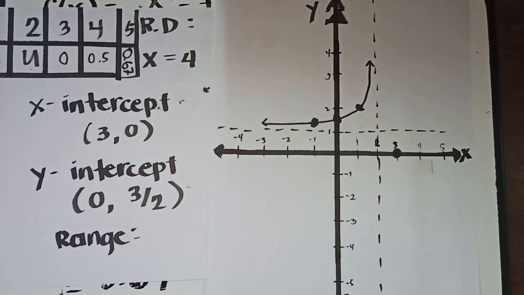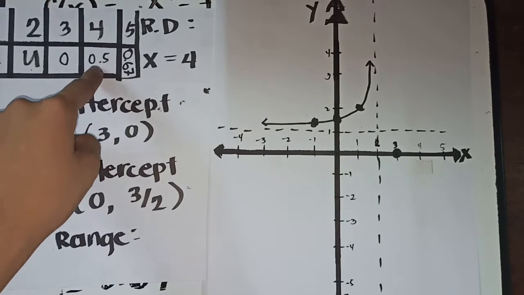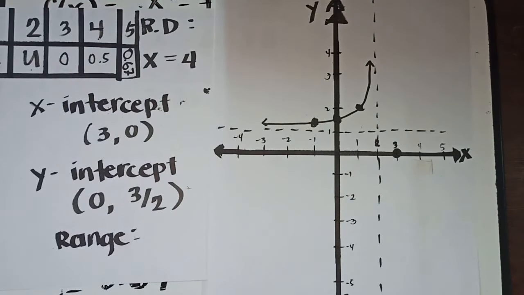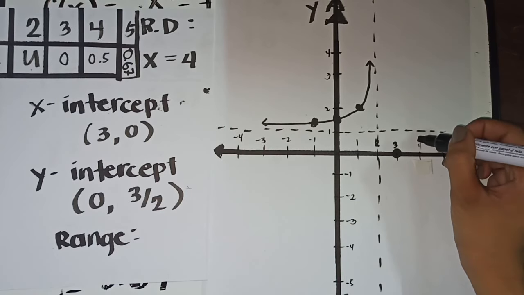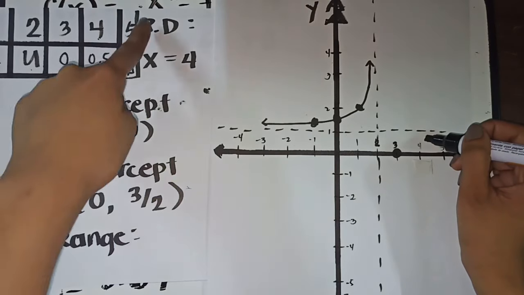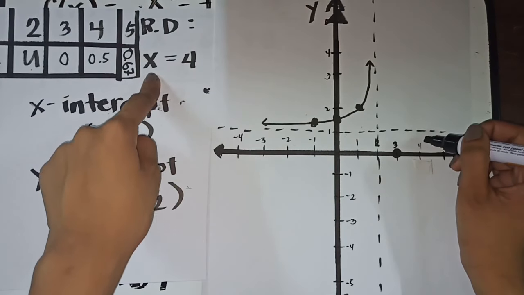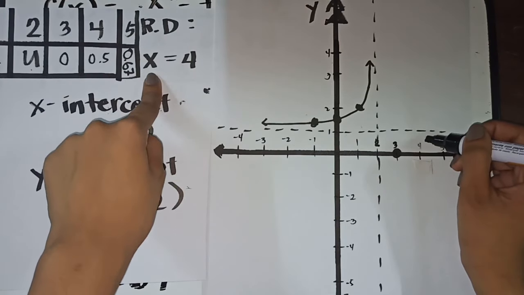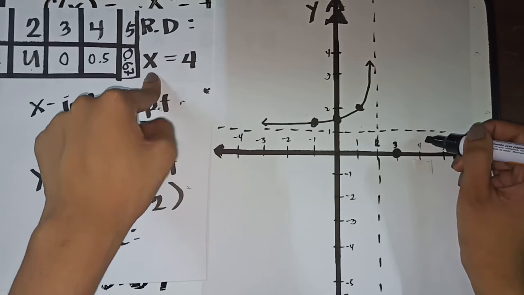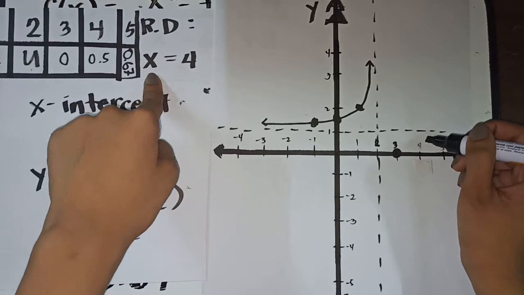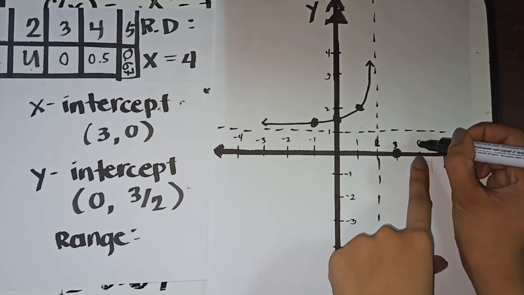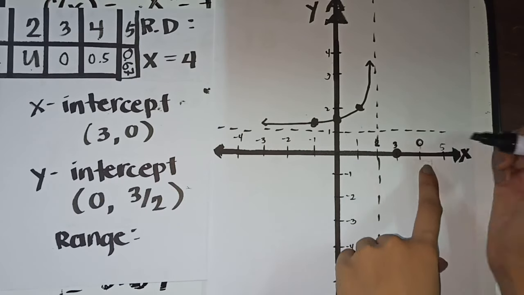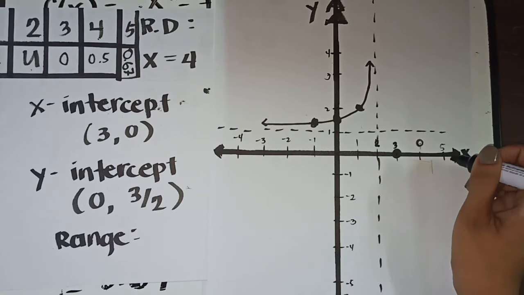Okay, so if our x is equal to 4, then the value of y is 0.5. So, positive 4 and positive 0.5. Pero sinabi natin kanina that our removable discontinuity is x is equal to 4. So again, ang removable discontinuity, ito yung magsisilbing butas or hole. So instead of shaded, open circle po tayo.